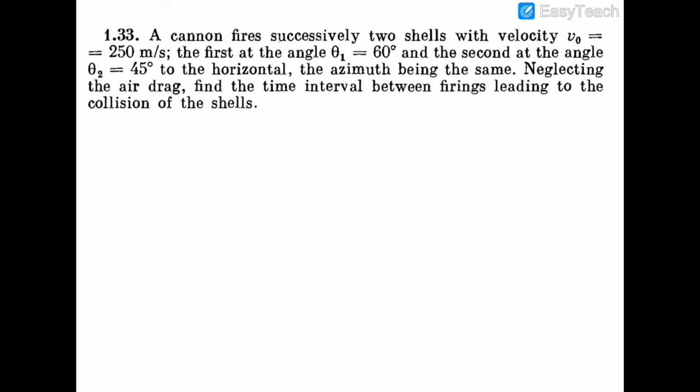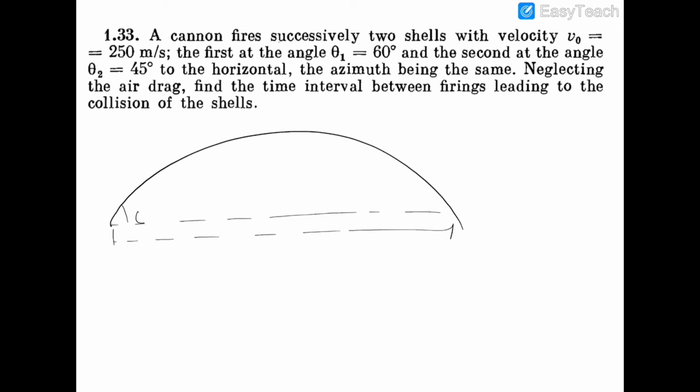So let us see that this is the shell which is fired at 60 degree like that, and the shell which is fired at 45 degree would attain a lower height, but range in 45 degree will be maximum. So these two trajectories are intersecting at a point. So at this point they will collide.